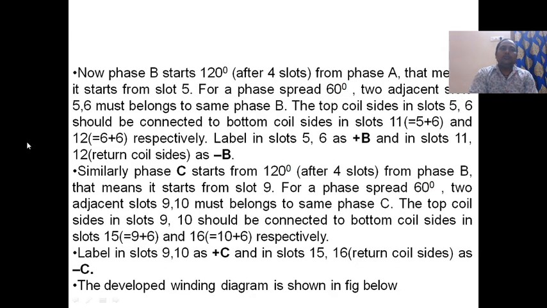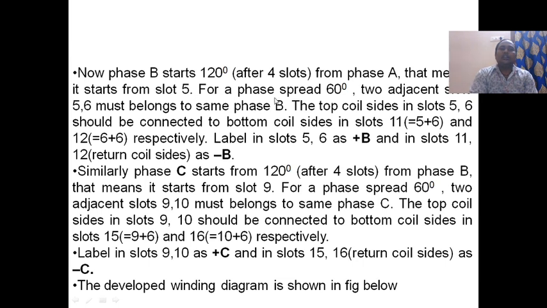Now phase B starts 120 degrees, meaning after 4 slots from phase A. So it starts from slot 5, because a 120 degrees phase spread is 4 slots. We started the slots from 1, so 1 plus 4 is 5, and 2 plus 4 is 6.